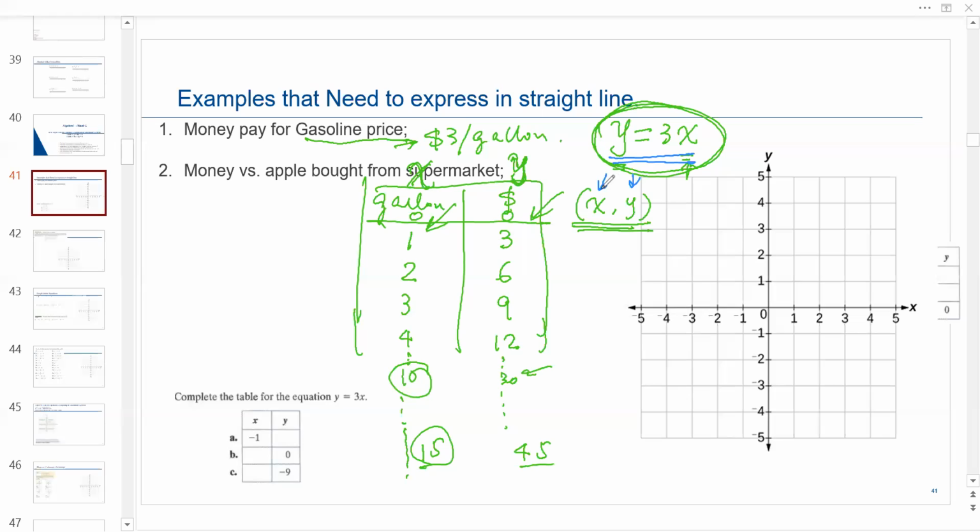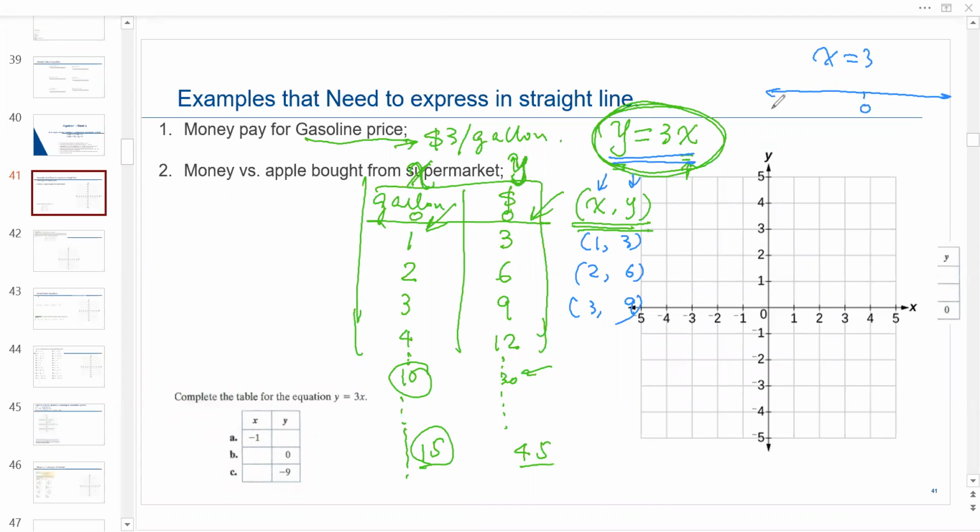They have some pattern relationship here. So we write here 1, 3. Here is 2, 6, and here 3, 9. This is a pair, x, y. Earlier, when we said x equals 3, how did you graph it? You only graphed on this kind of line, a linear line, right?